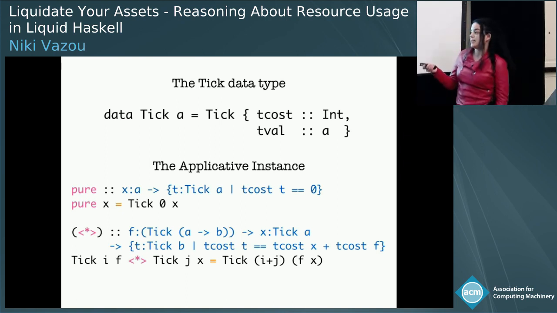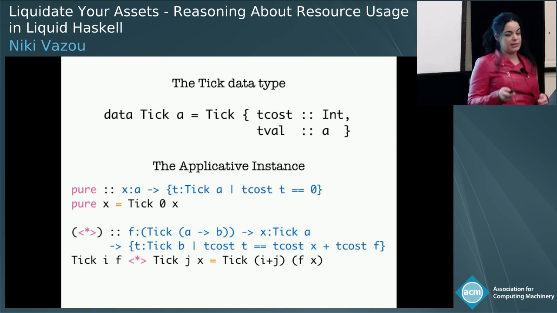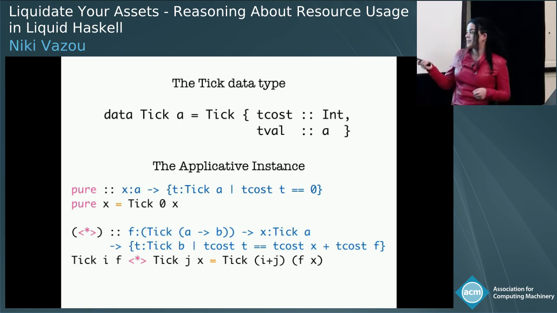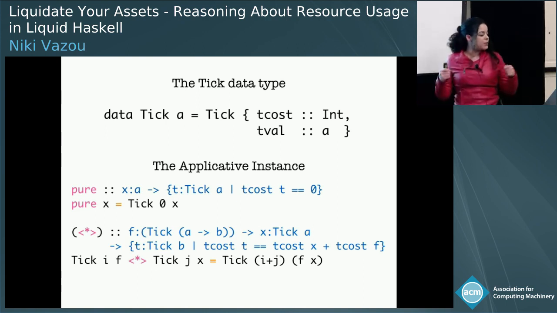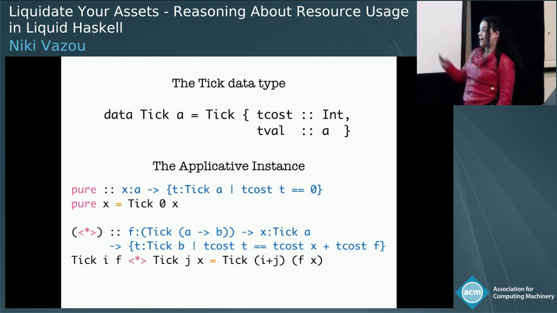And I'm also defining the apply operator that takes as input a ticked function f and a ticked value x, and just applies this function and returns a cost that accumulates the cost of f and the cost of x. Okay, so now we have the basic mechanism to lift things inside the ticked applicative.